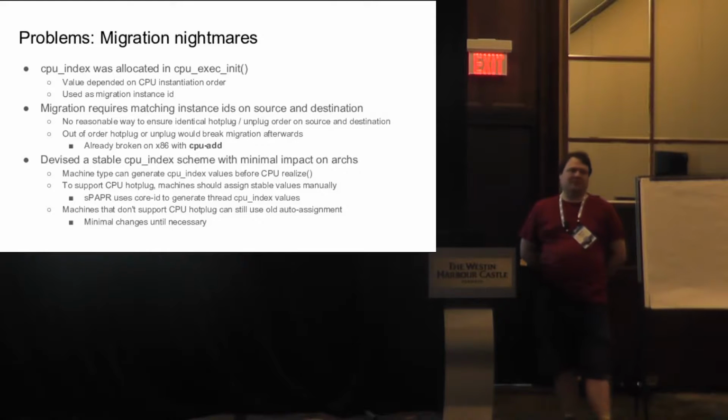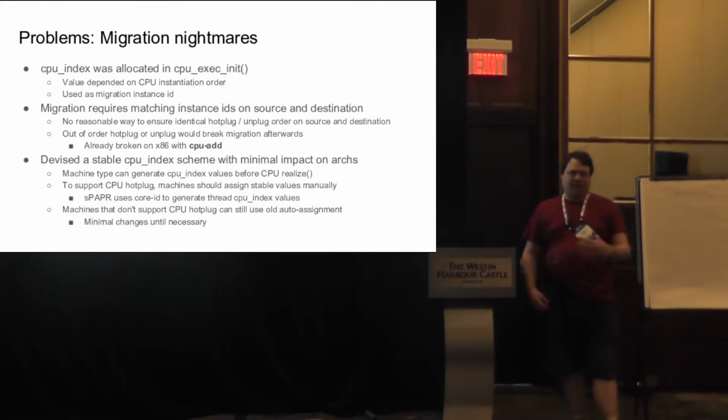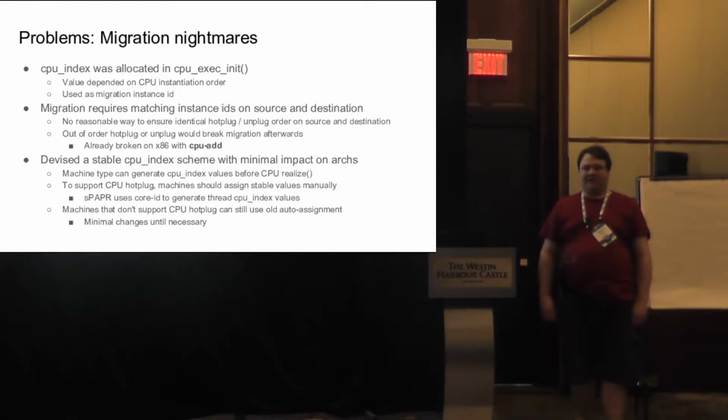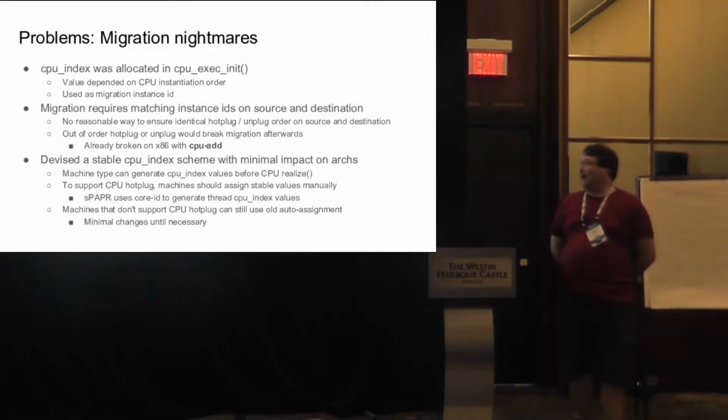So the upshot of this is if you plug your CPUs in any order other than 0, then 1, then 2, then things will break if you migrate afterwards. And in fact, it's already broken on x86 with cpu-add if you add things in another order. People didn't notice because libvirt always plugs in 0, 1, 2, 3, and you can't unplug. But that was actually already broken.